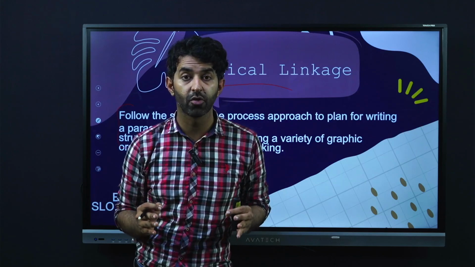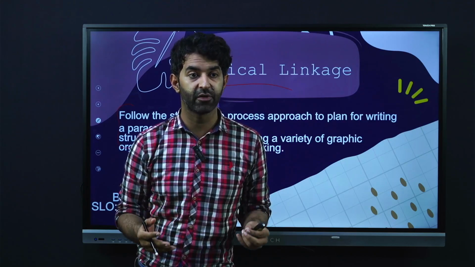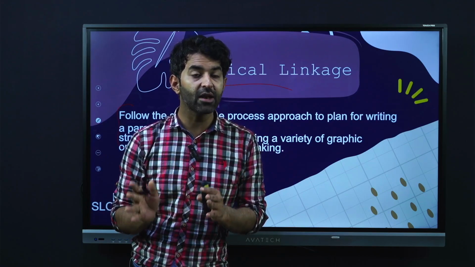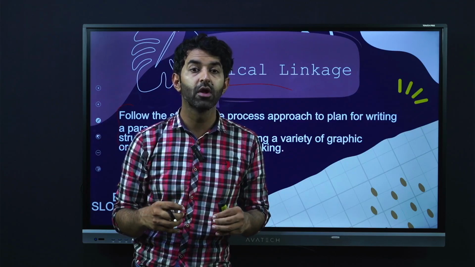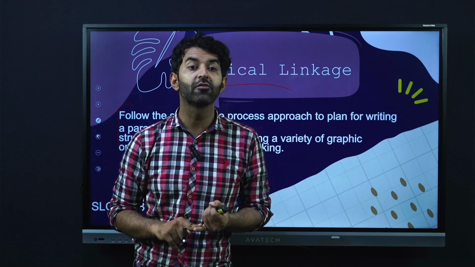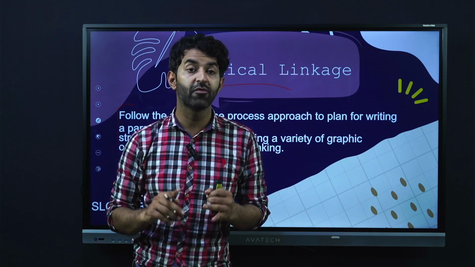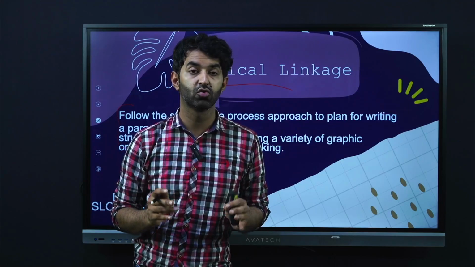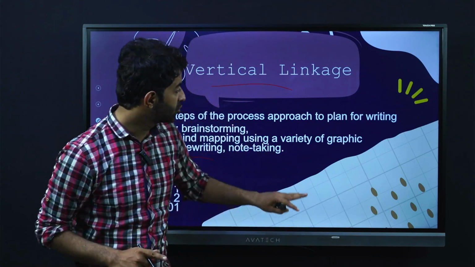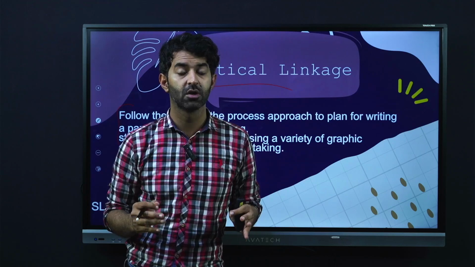Then you move on to actually writing, which we call drafting, when we are writing on the paper. And lastly, we follow the steps of post-writing, where we check our written material, see if there is any mistake or error, and whether we have given the right information and the right answer to that particular question. What we are learning today belongs to the process approach of writing, and to the last step, which is post-writing.